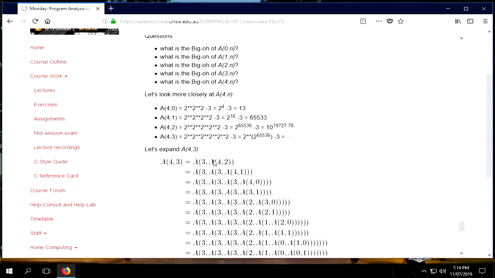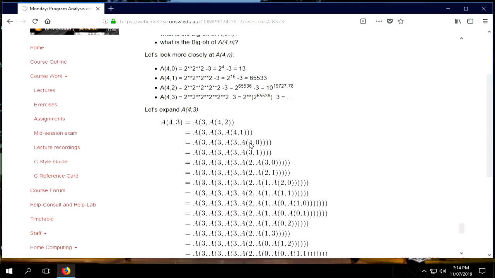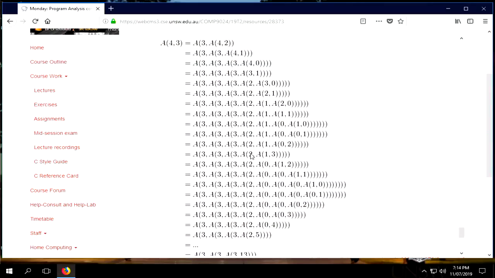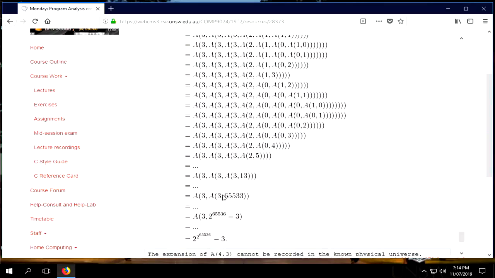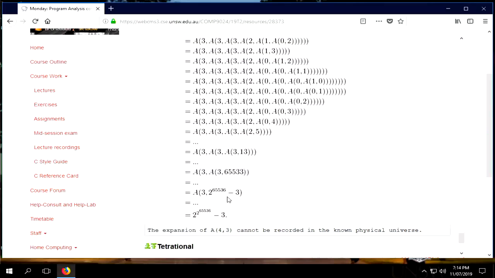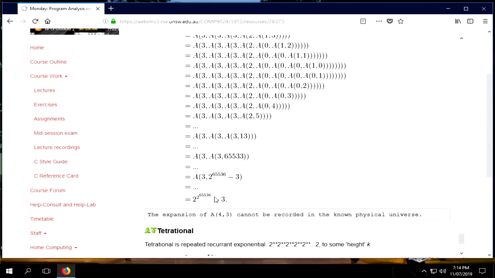So here 3 and 4-2, and 4-2 is A3, 4-1, and then 4-1 is etc., and then it starts getting bigger, and you find by the time you're finished, it's going to be A equals 3 times A to 3 to the 65,533, and eventually you'll get down to that number there, which is the number I showed you earlier. And the word for it is tetration.